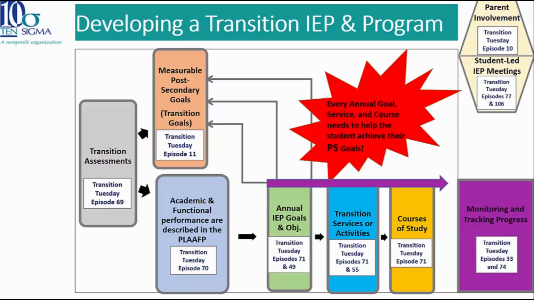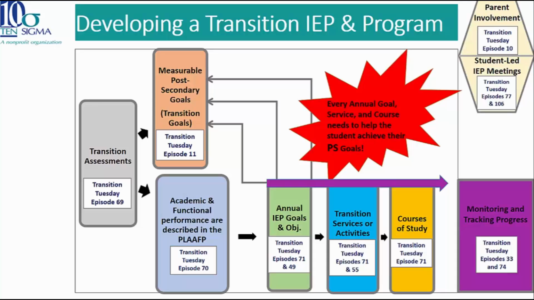Episode 70 demonstrates how to take all the data and information gathered and write not only a compliant PLAAFP, but one that even if the student moves to a new school or district, the staff working with that student would understand exactly where the student is functioning and what their transition needs are.